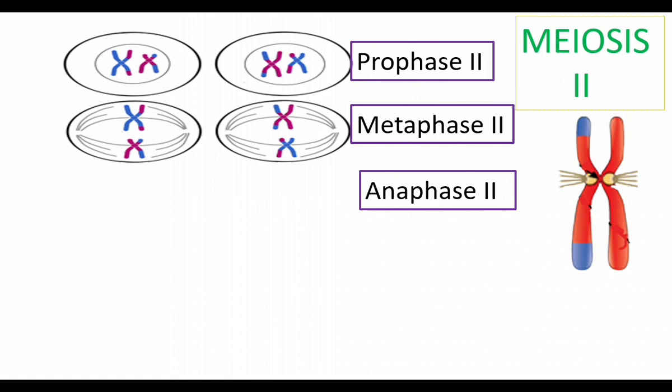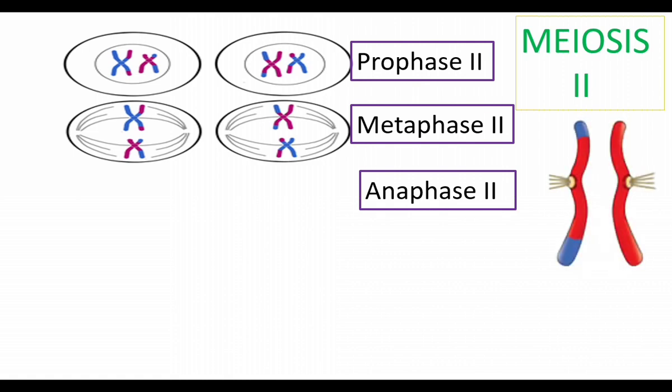In meiosis I, anaphase I, there is no splitting of the centromere, whereas in meiosis II, anaphase II, there is splitting of the centromere, so the daughter chromatids are separated. The daughter chromatids move towards opposite poles in anaphase II.